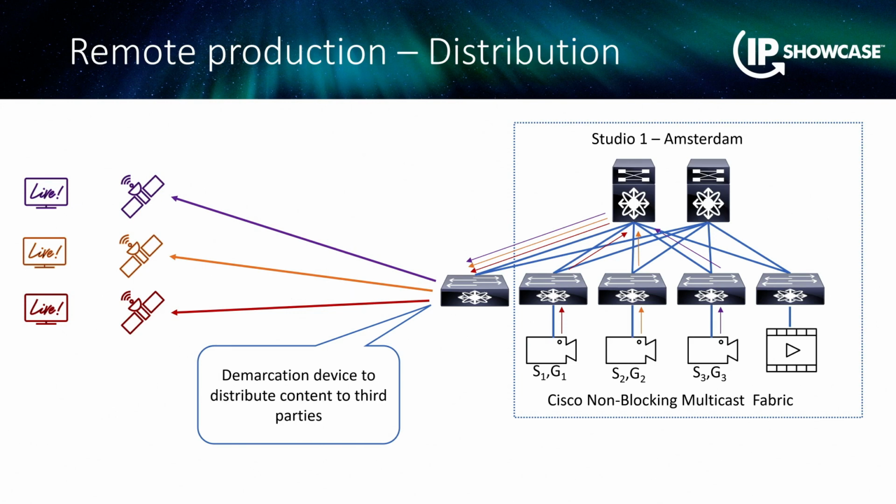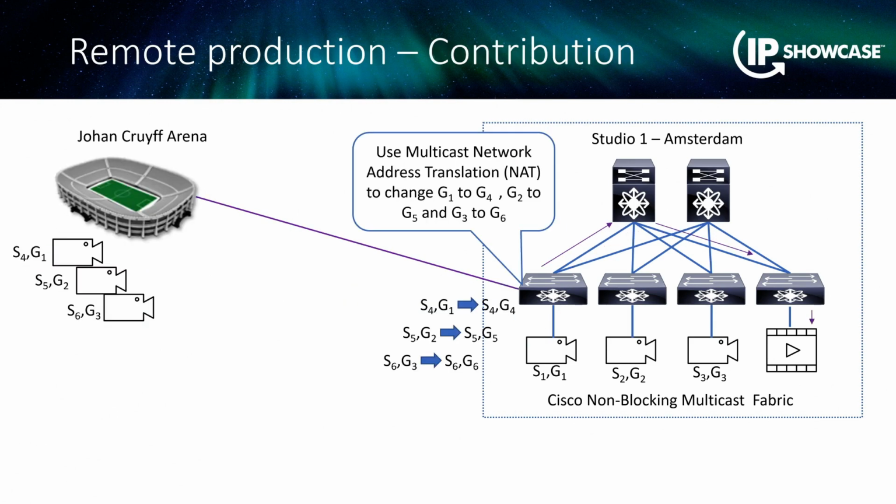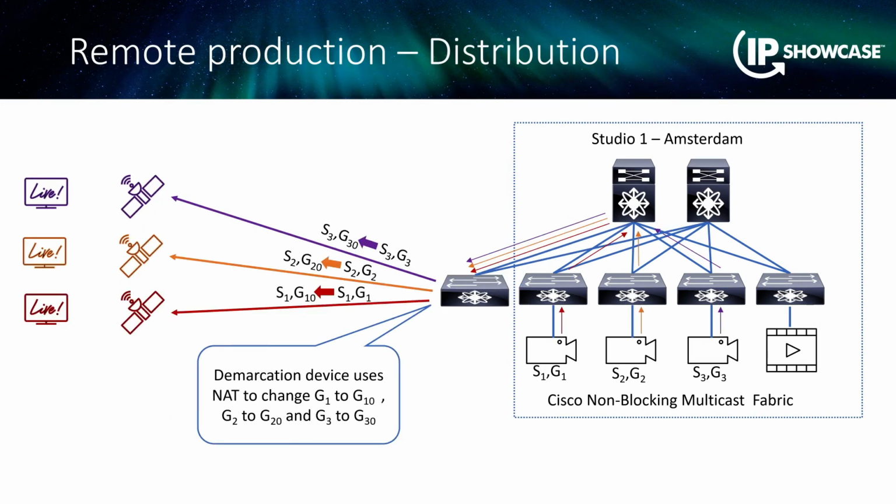So in this case, I do have S1, S2, S3, and I'm translating those into, oh no. Now you have the right diagram, sorry about that. So I have S1, S2, S3 translating into groups 10, 20, and 30.